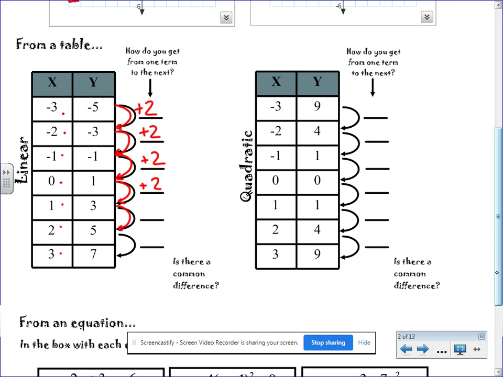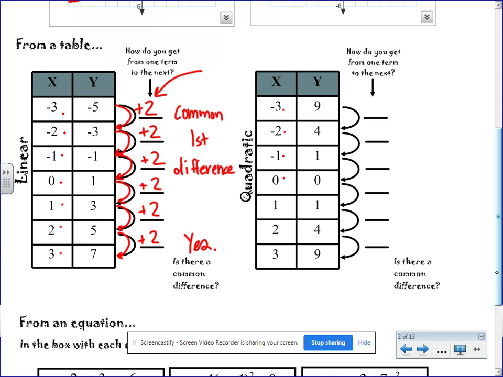I add 2, and I add 2, and I add 2, and I add 2. So if the change in x is the same and the change in y is the same, then this is a linear function. So we call this, remember, a common first difference. First meaning like the first time I did it, the number was 2 all the way down. So is there a common difference? Yes, there is.